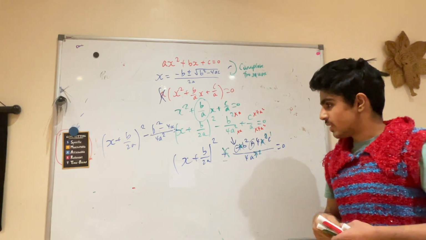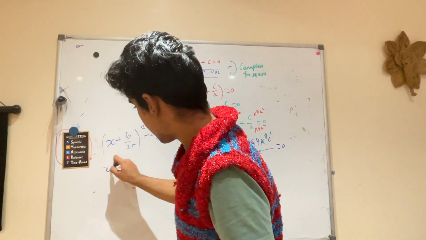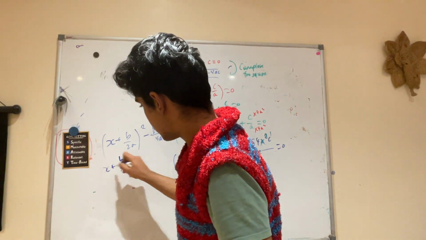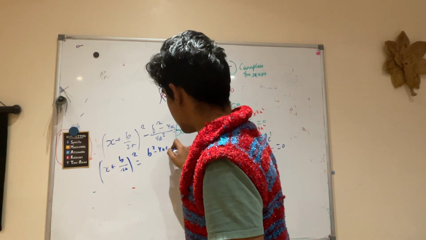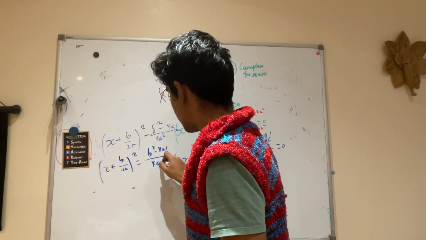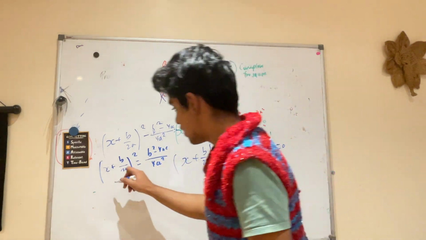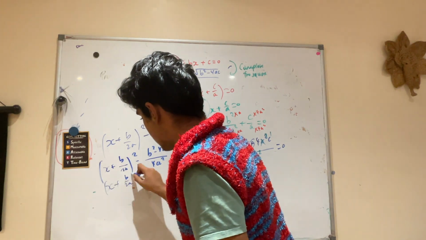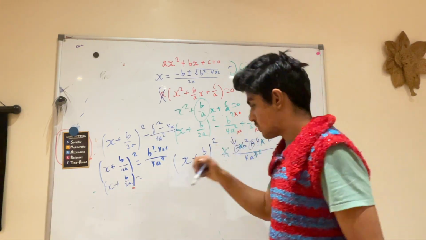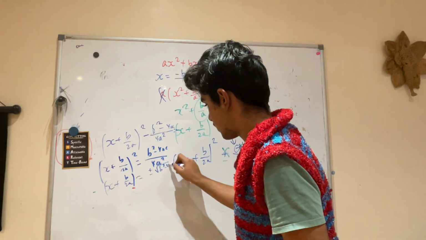Now, over here we can go ahead and add this algebraic fraction to both sides. So we get x plus b over 2a squared equals b squared minus 4ac all over 4a squared. Go ahead and take the square root of both sides. We get x plus b over 2a equals, and we can take the square root, so plus or minus the square root of b squared minus 4ac.